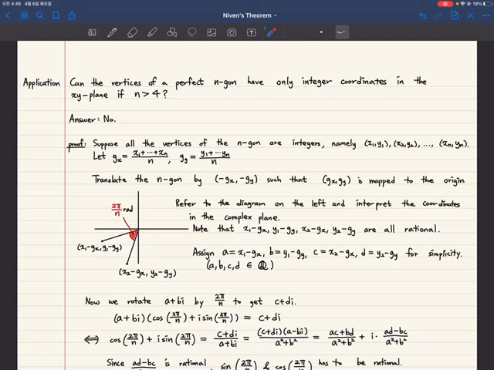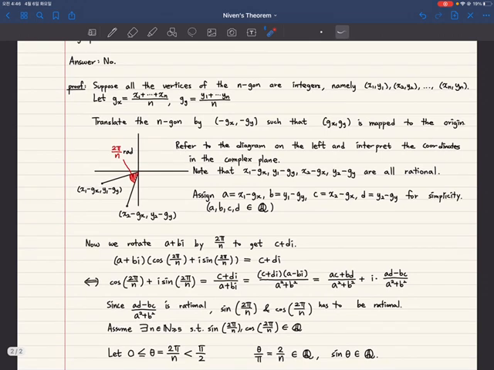Okay, so now we're going to assign rational numbers a, b, c, d such that a equals x1 minus g_x, b equals y1 minus g_y, c equals x2 minus g_x, and d equals y2 minus g_y, for simplicity. Basically, if we interpret this in the complex plane, we rotate by 2 pi over n from a plus bi to get c plus di.